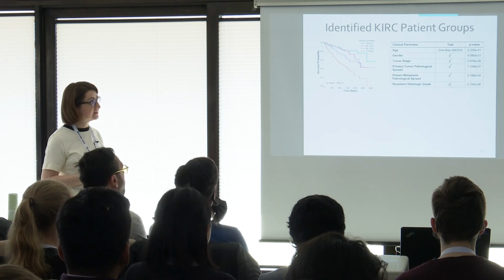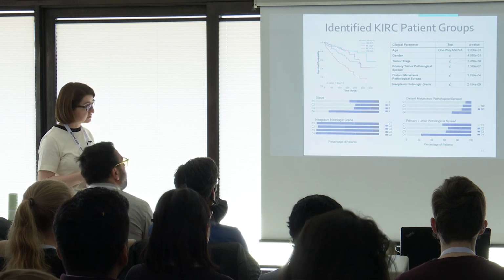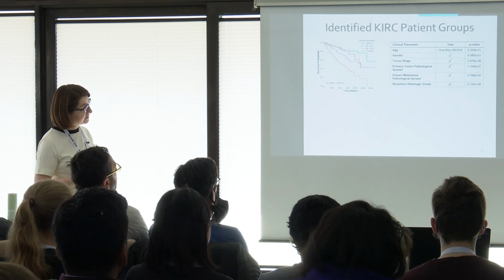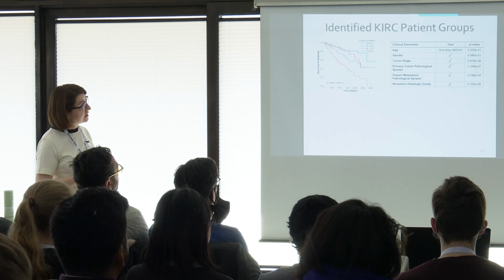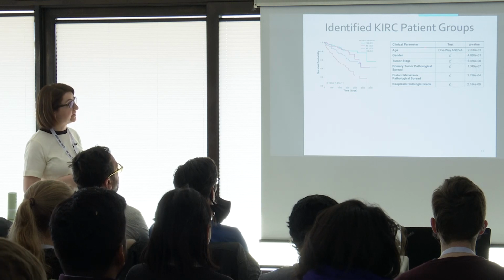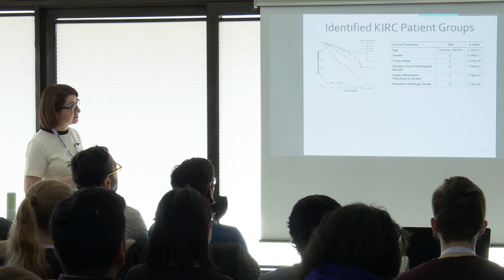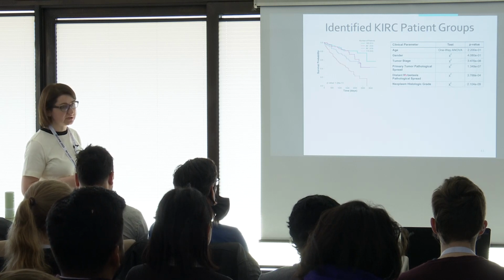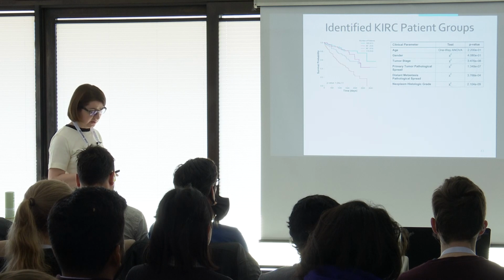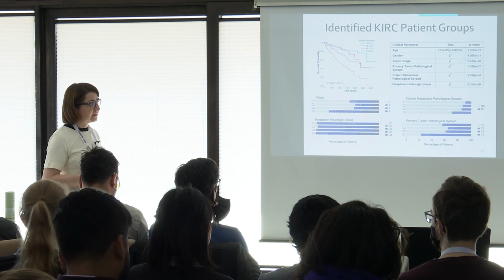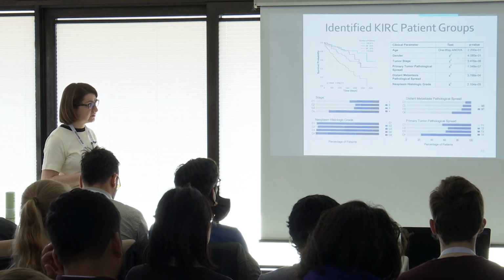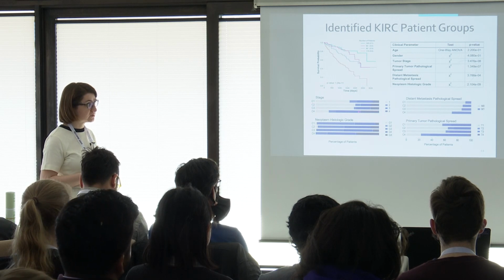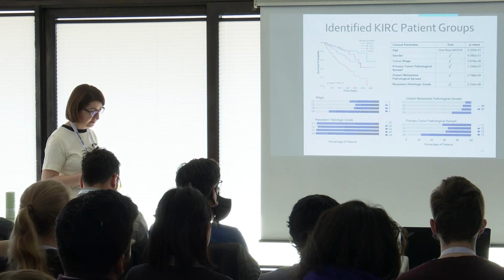So we tested whether there is a relationship with these other clinical parameters. It is not the age, it's not the gender, but these other important clinical parameters are also associated with the clusters, which is not a bad thing. We also analyzed the proportions of these clusters in these different clinical parameters.